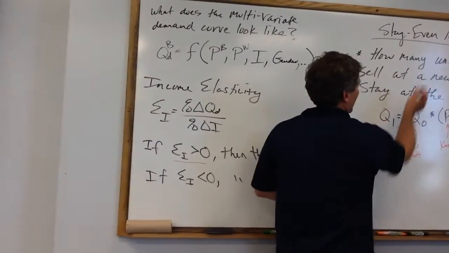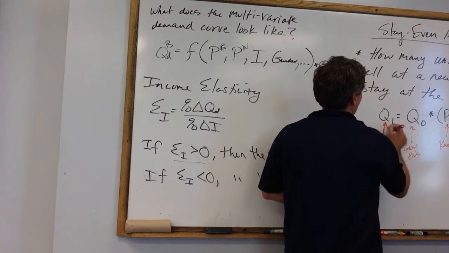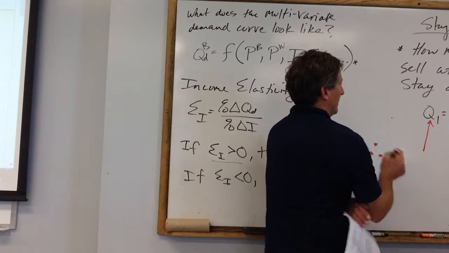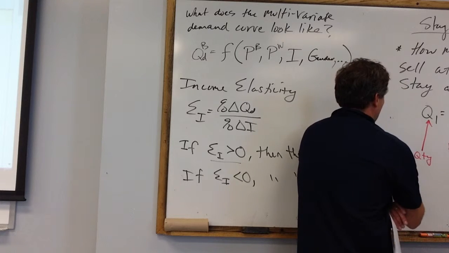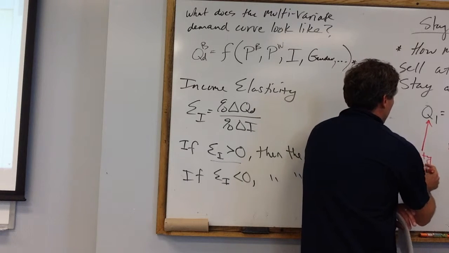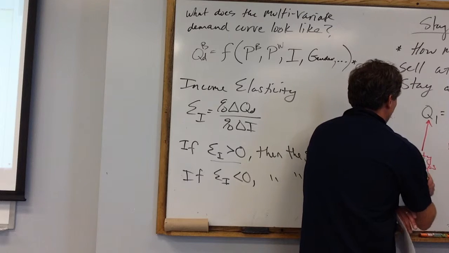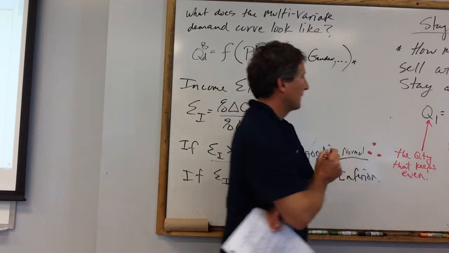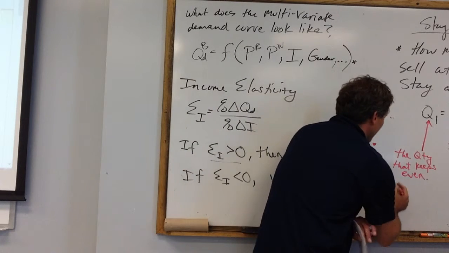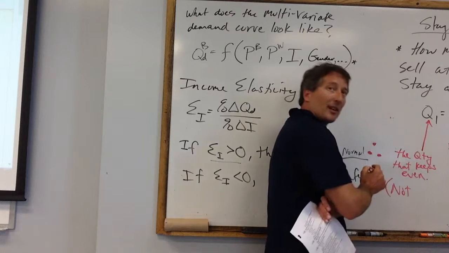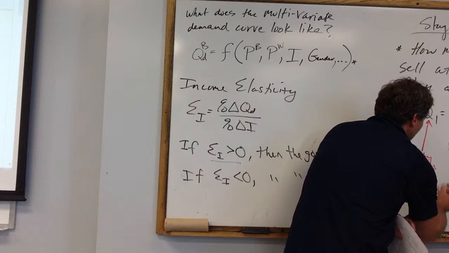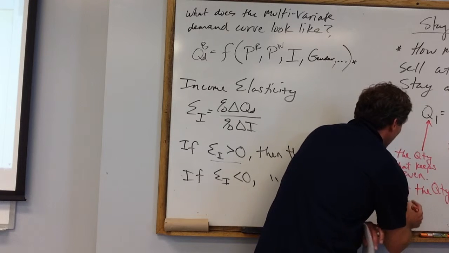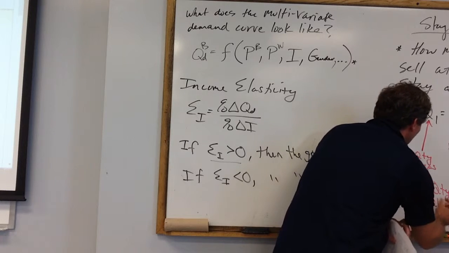So remember, the definition says it up here, but that is the quantity that keeps us even. Not, and let me just emphasize that, not the quantity we will sell.